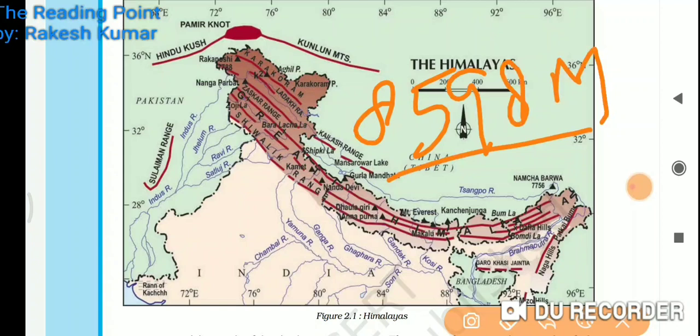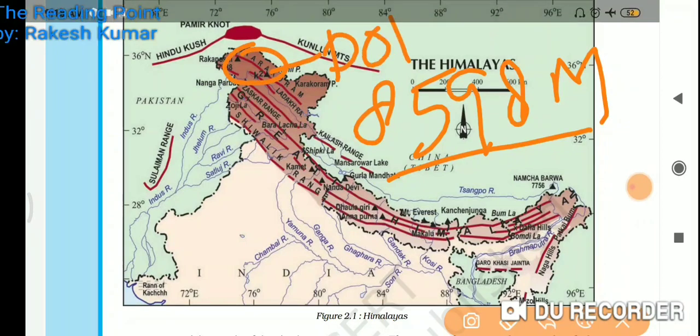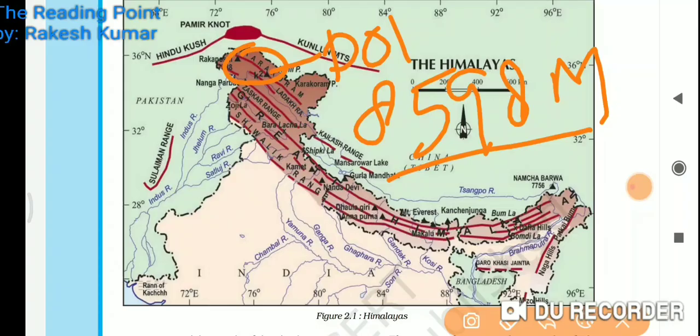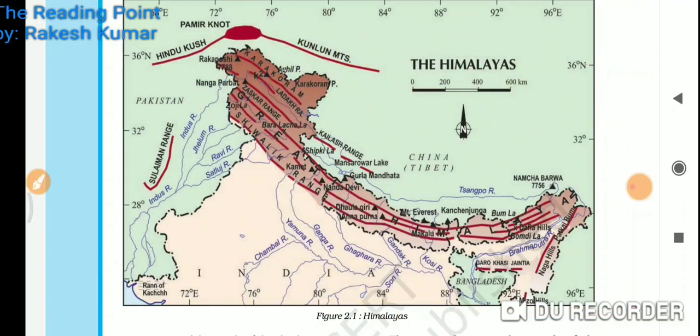You can say K2 is there, but K2 is now situated in POK. So that is why we should know that Kanchenjunga is our highest peak.